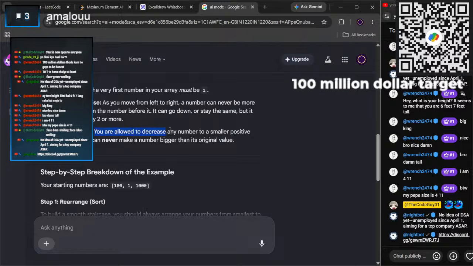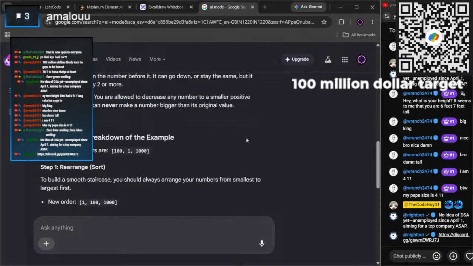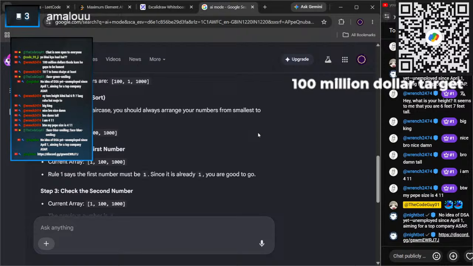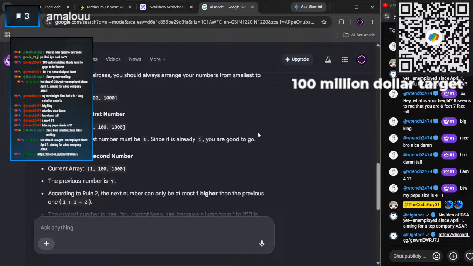Shrink rule: you are allowed to decrease a number to a smaller positive number, but you never make a number bigger than its original number. So he's basically saying I can convert to a smaller number, but I can't convert them to bigger. How the hell is this getting calculated?